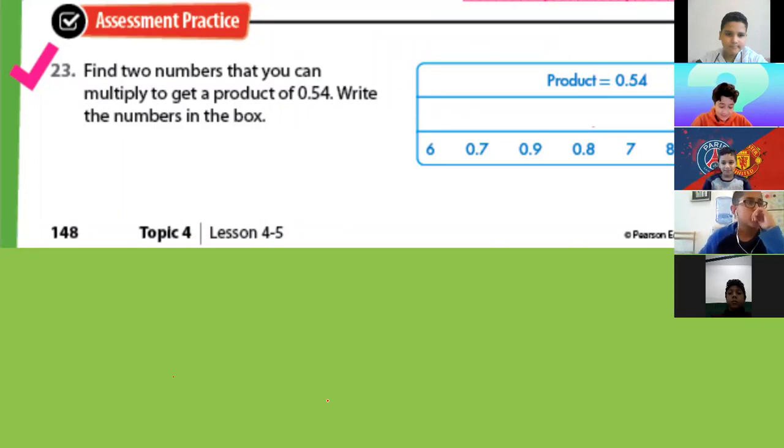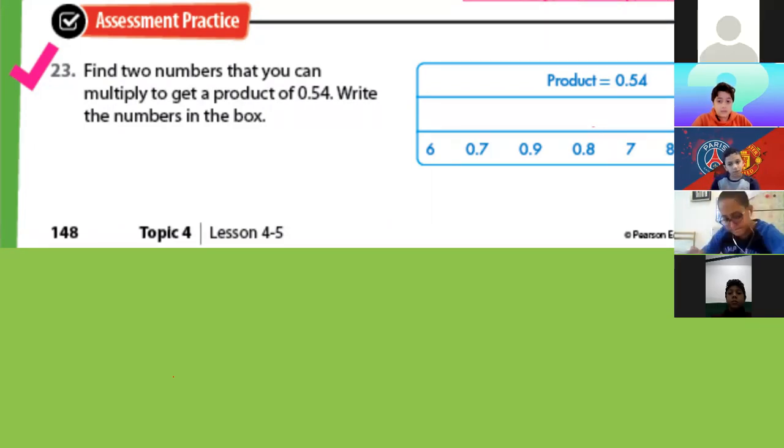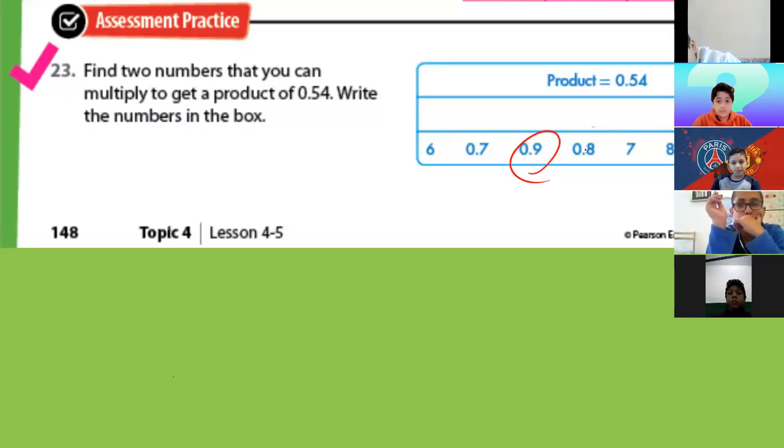Can you solve this question? What are the numbers that, if you multiply them together, you will get 0.54? There is more than one. It is on the screen in front of you. 0.9 multiplied by 0.6. Thank you, my dear students.